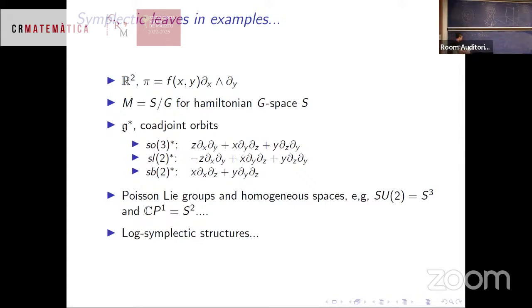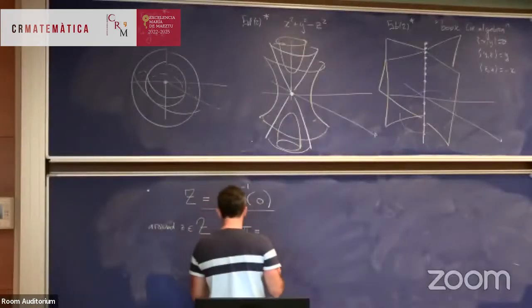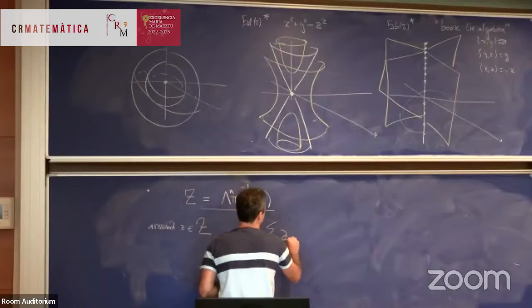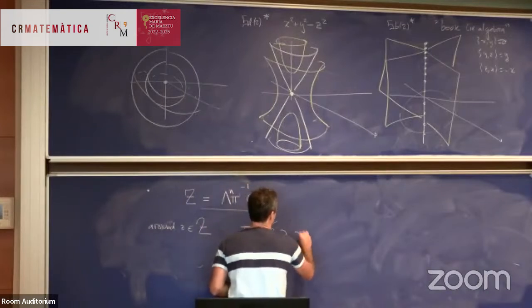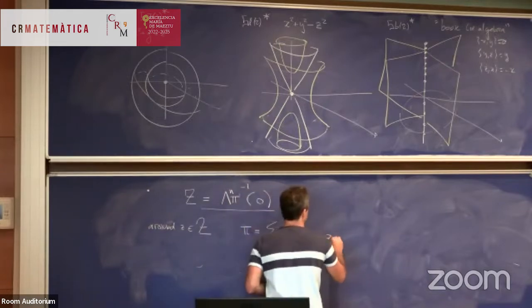One exercise, which is actually in the problem set, is to prove using Weinstein's splitting theorem that around points in this distinguished submanifold, the bivector field looks like this. So it has the symplectic factor plus something that looks like this.